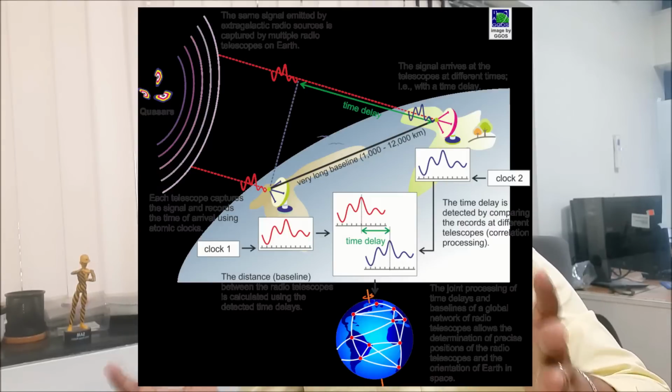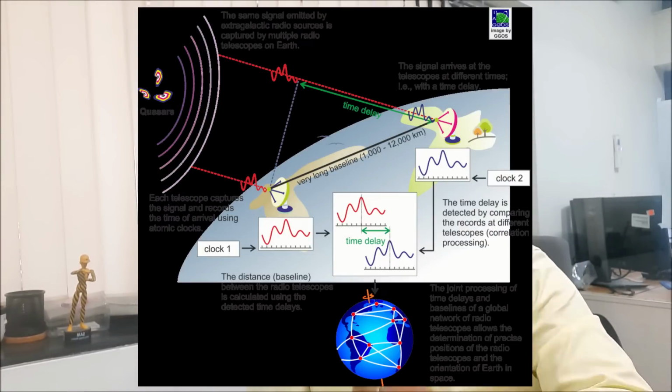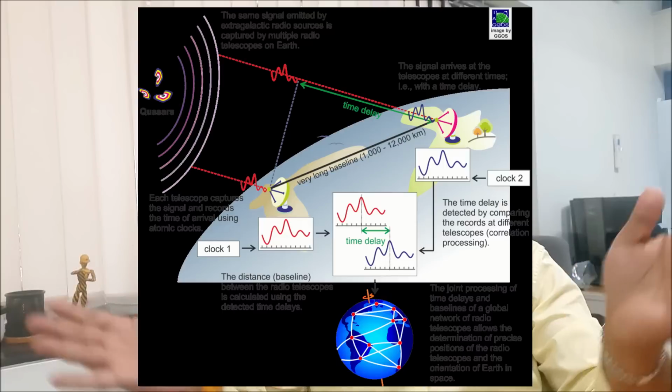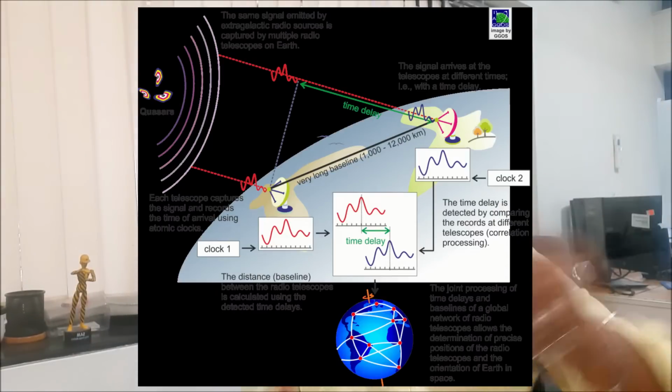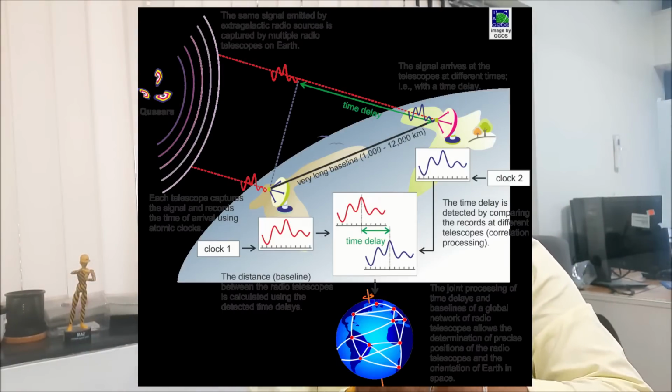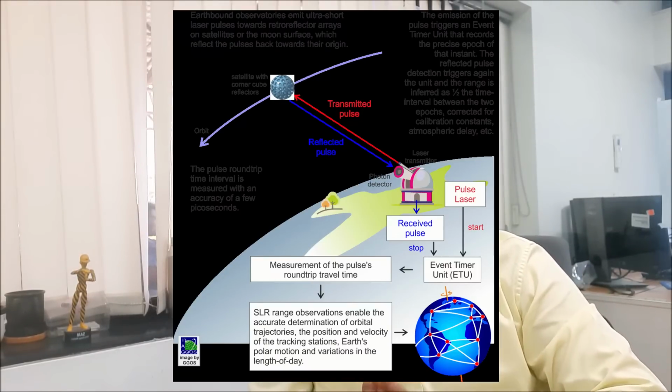There are large arrays of radio telescopes strategically placed around the Earth, and these radio telescopes observe the signals from faraway quasars and pulsars which are beyond our own galaxy. These telescopes observe minute delays in observation from one telescope to another, and then correlate them together to form a reference frame.